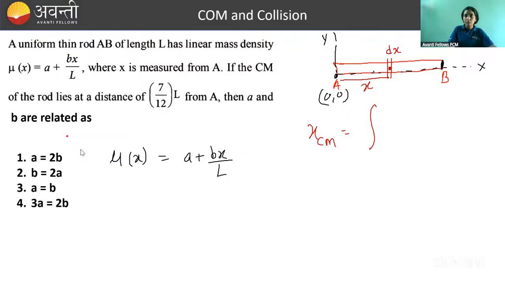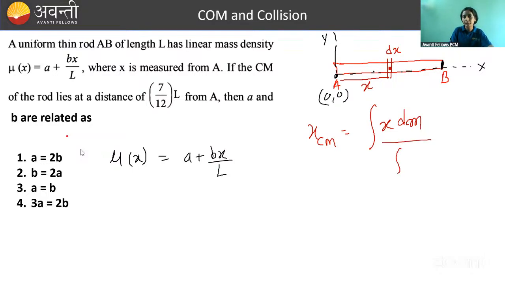If we have to calculate the center of mass of this whole rod, what will we do? We will simply use the formula m1x1 plus m2x2 plus m3x3, and so on. We'll add x dm. This integration is nothing but addition.